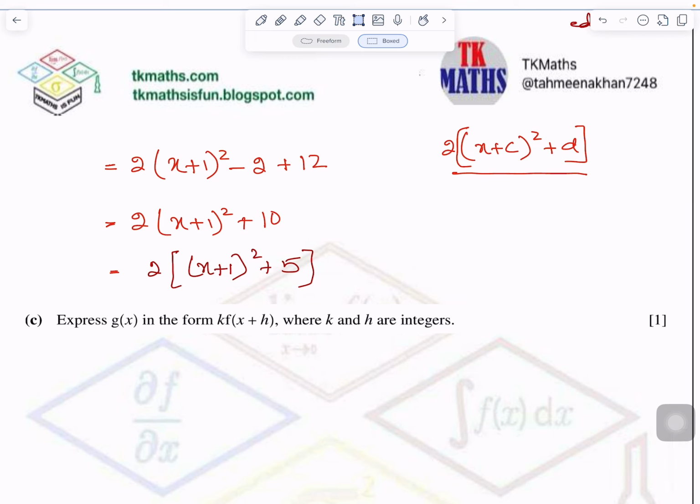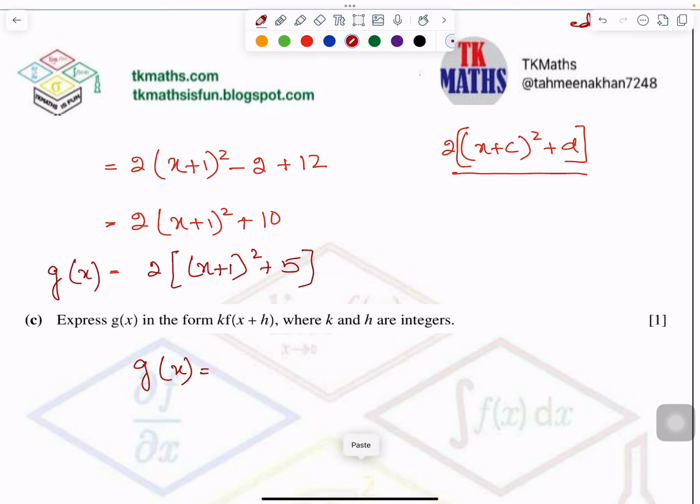Express g(x). Now this is my g(x) function, right? Let me write here g(x) to avoid any confusion. Express g(x) in the form k times f of x plus h. So basically we have to write g(x) is equal to k f(x) plus a number here.